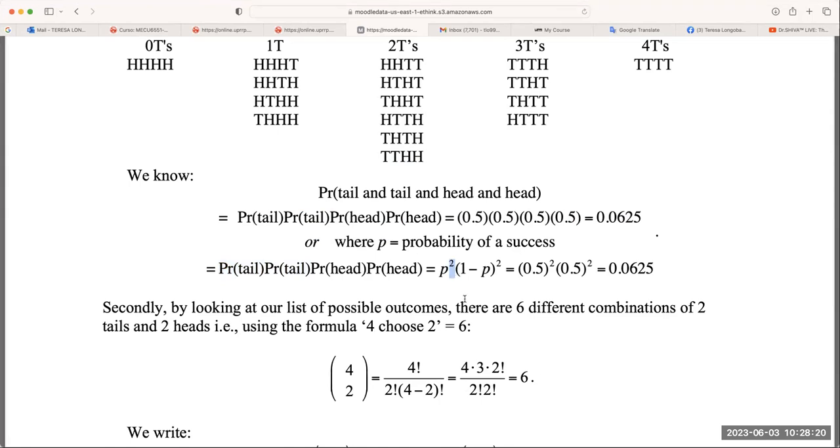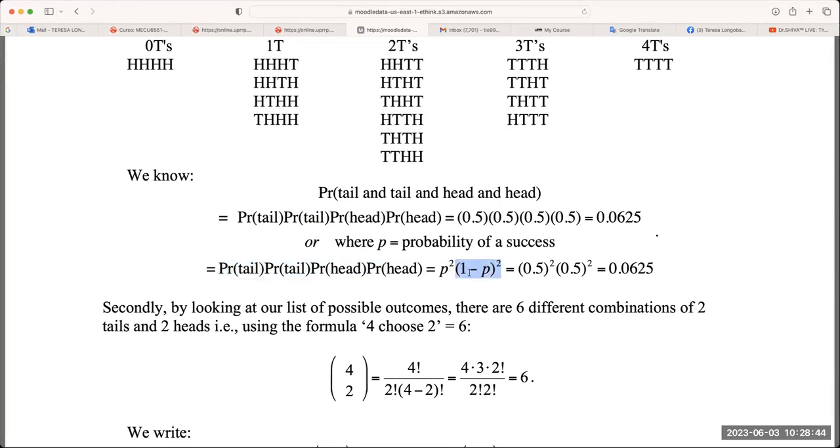So in other words, I put it to the exponent 2. And then I have this term here. So what's another word for head? Well, in this context, head is a failure. And because there's 2 successes and there's 4 trials, then we have 2 failures.